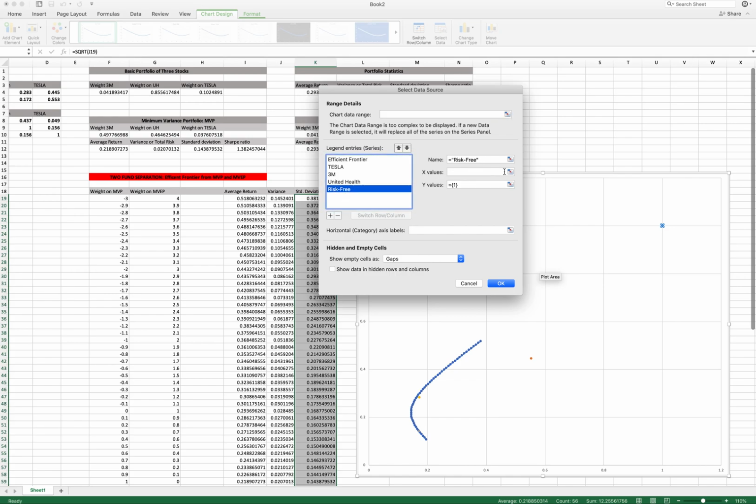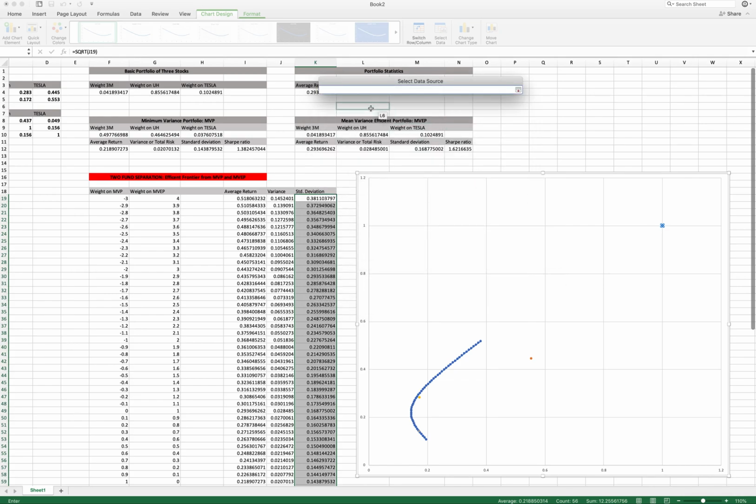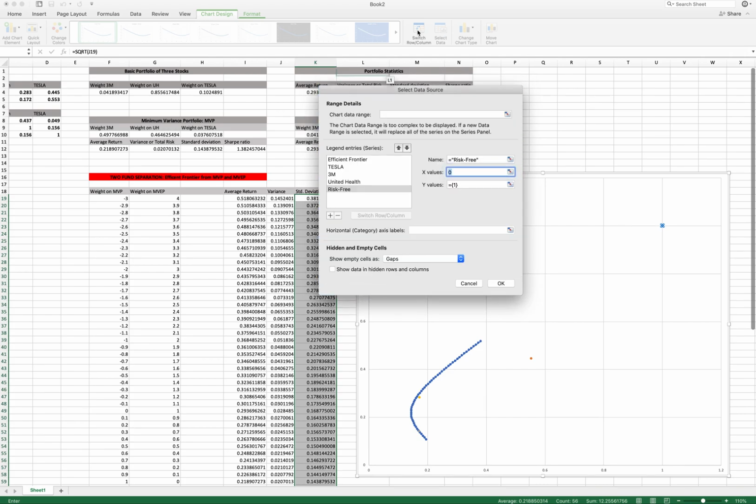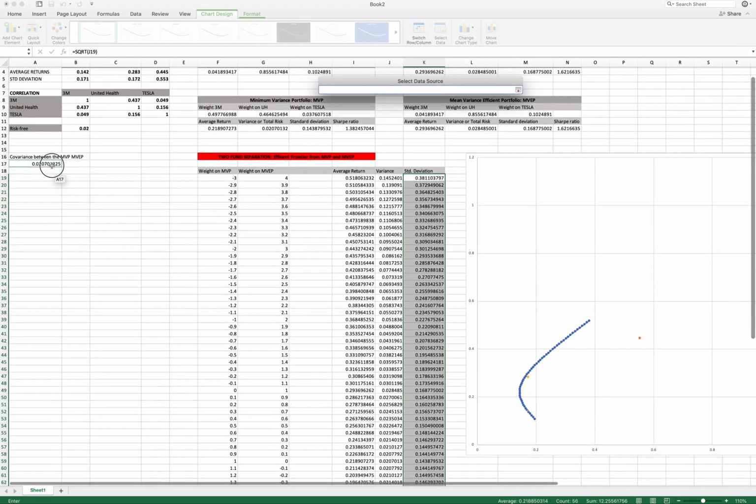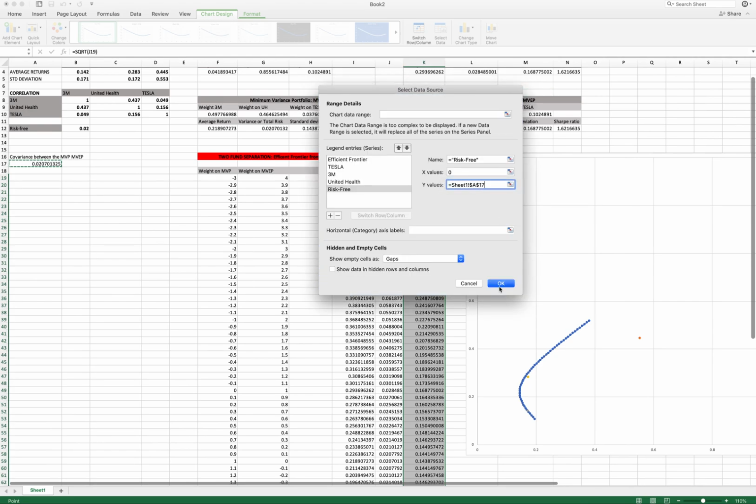Risk-free. All right, so what's the X for risk-free? That's actually 0, right? And the Y is actually, let's just take it, 0.2, right here.